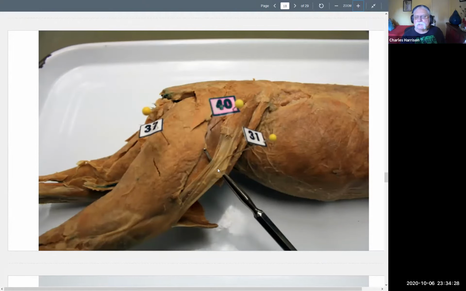The probe is holding up the IT band off of this muscle number 40, which is the vastus lateralis. Back here is the biceps femoris.